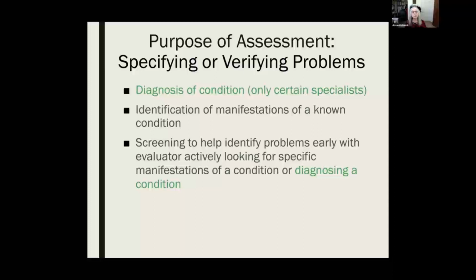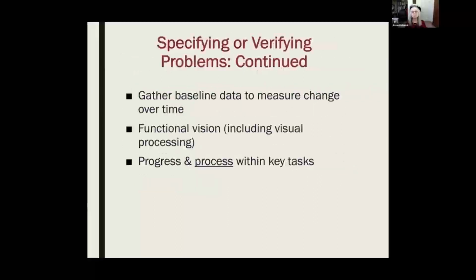We can do screenings to help to identify problems early, with the evaluator actively looking for specific manifestations of a condition. Now, you can also do screenings as a prequel to diagnosing, but again, that falls in the range of certain practitioners, mostly medical, and it may be neuropsychological in terms of identifying CVI.